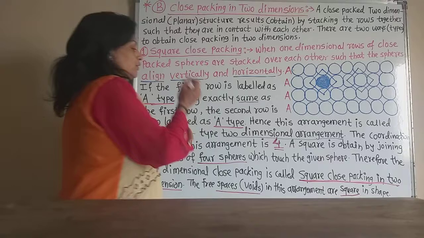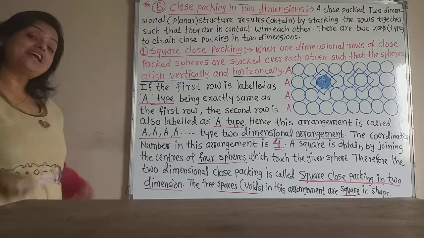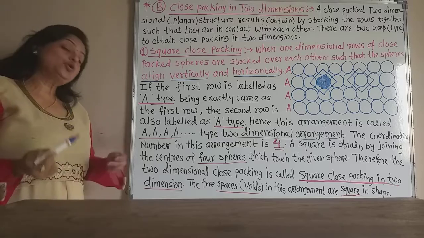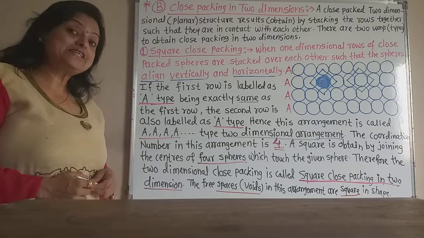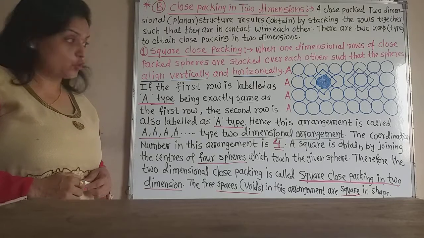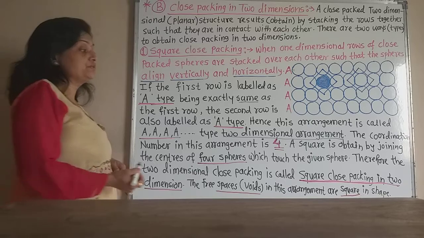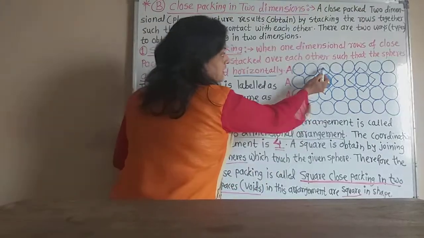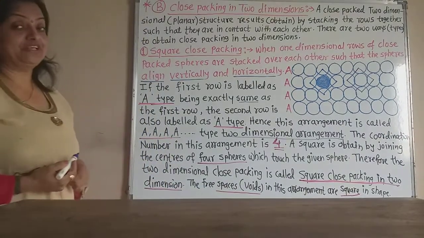This arrangement is called the A type of two-dimensional arrangement because all the rows are similar to the first row. And the coordination number in this arrangement is 4. Now see, 4 spheres touch this given sphere.